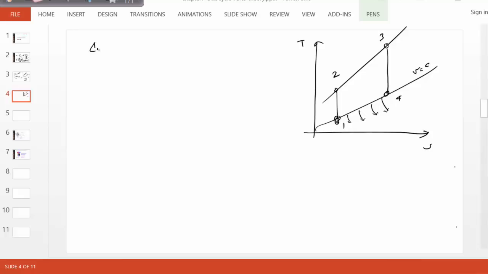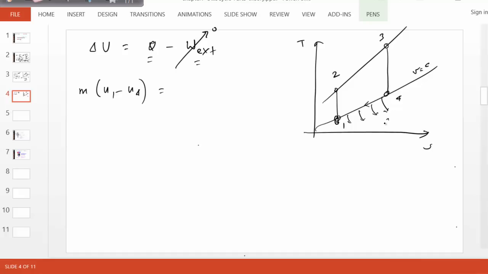If we again use our energy equation, remember these Q and W are algebraic, no work obviously, and this becomes m times (u final, which is 1, minus u initial, which is 4). Notice delta U is final minus initial. From 4 we are going to 1, so it's u1 minus u4.